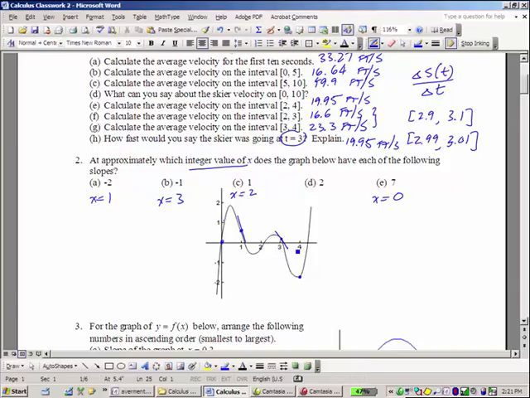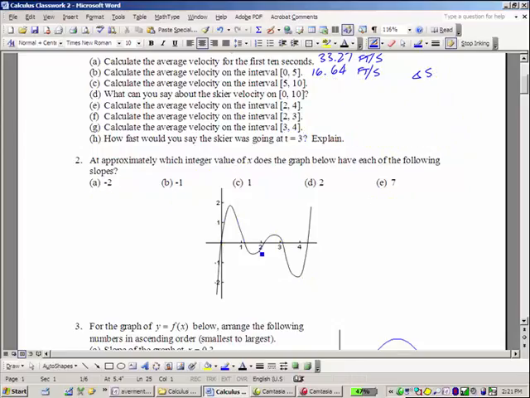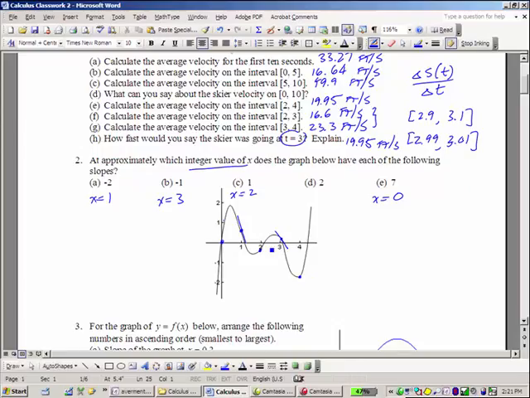I'll tell you what I thought was a good argument. Rachel Johnson in the other class said, look, x equals 4 looks like it's closer to the bottom of that hill, closer to the valley. And she said, at peaks and valleys, what's the slope? At the top or at the very bottom? 0. So the closer you are to the bottom, the closer you should be to 0.